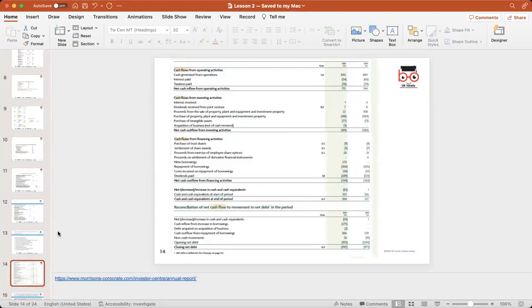Cash flow from operating activities, cash flow from investing activities, cash flow from financing activities, and net decrease or increase in cash and cash equivalents, reconciliation of net cash flow to movement in net debt in the period.